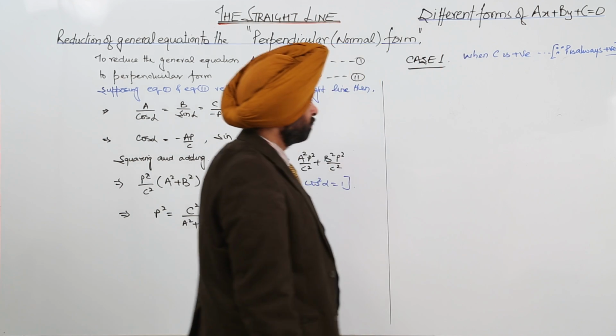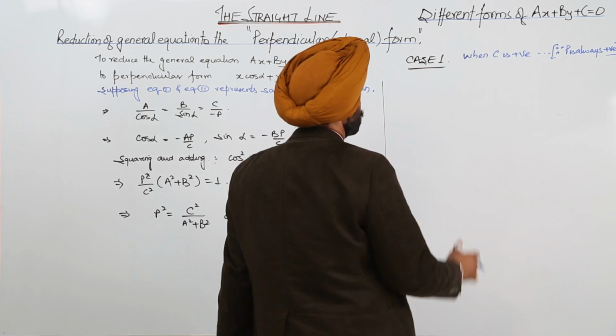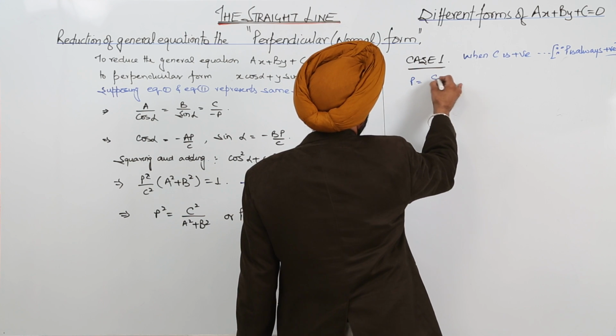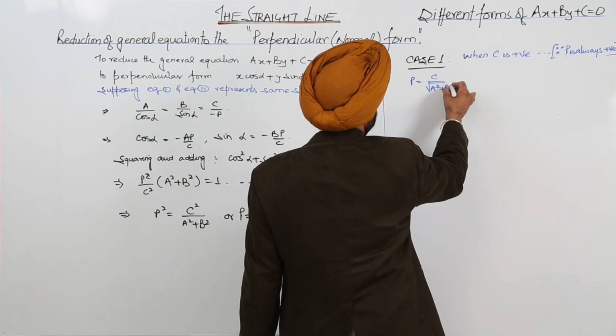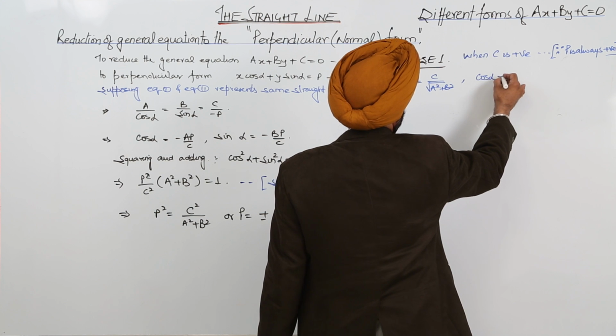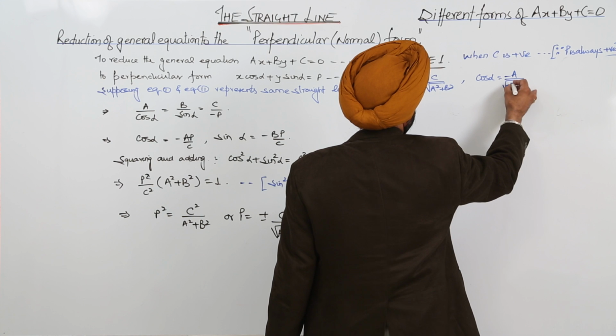When c is positive, p will be considered as positive only. So we are having p is equal to c upon square root of a square plus b square. Now we are getting cos alpha as negative of a upon square root of a square plus b square.